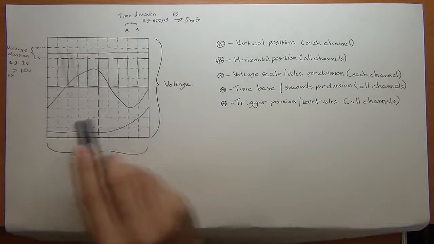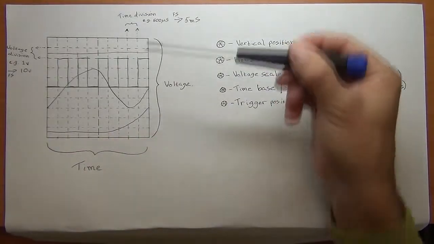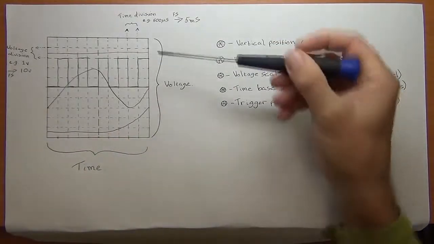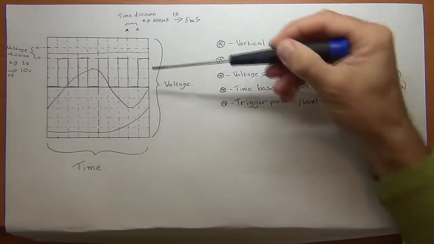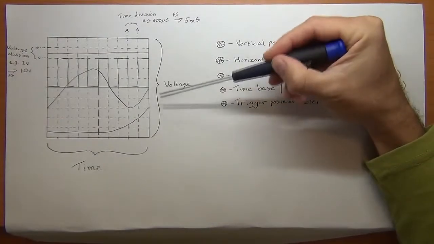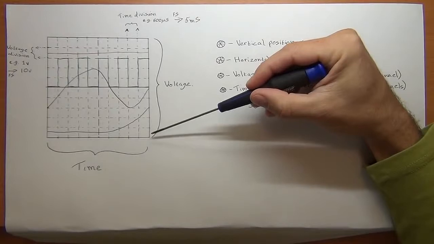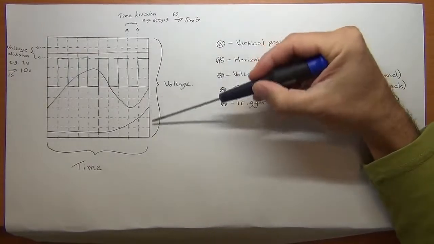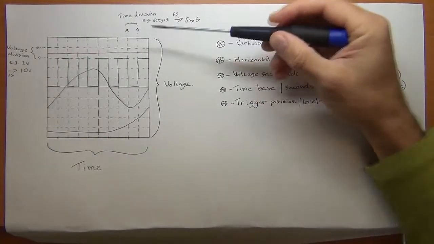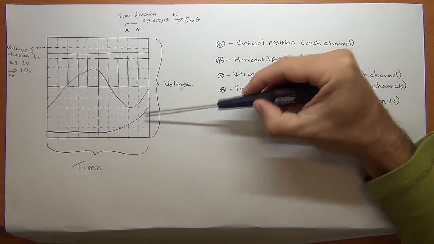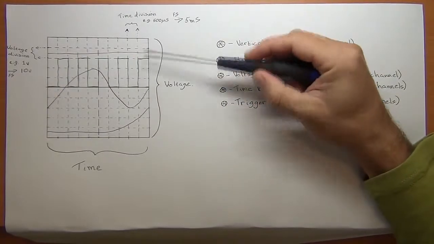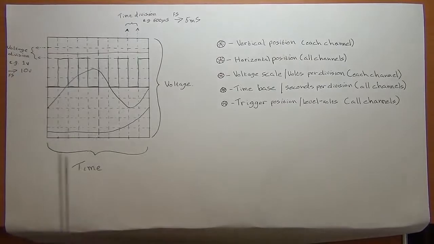So that's your horizontal or x-axis, and then we get to the vertical axis or the y-axis, which is an indication of the signal level, or for the most part on oscilloscopes, the voltage level of your signal. Again, it's divided up into individual little divisions, and each of those you can set with a knob to a particular value.